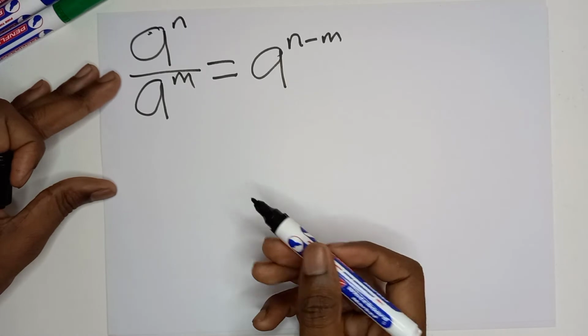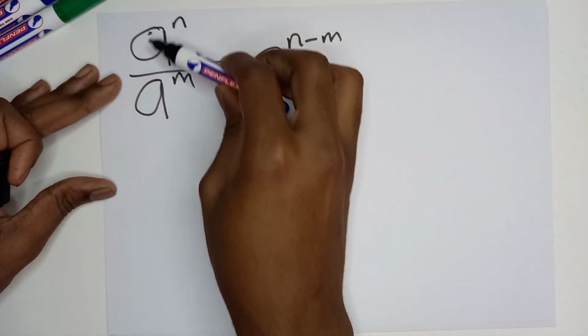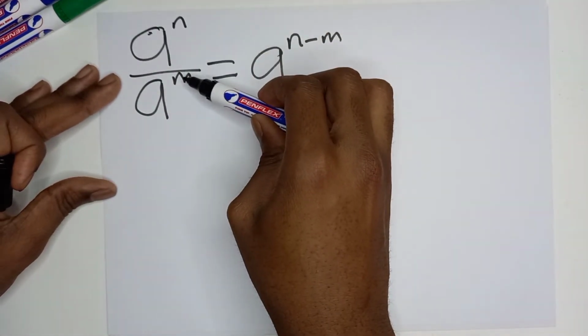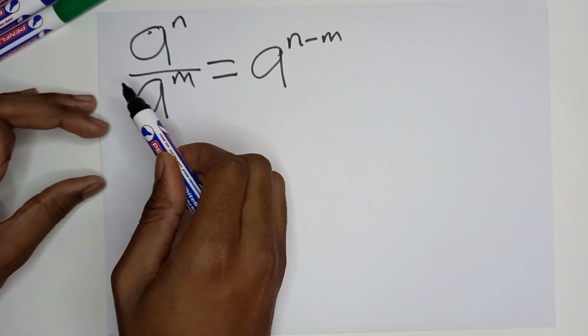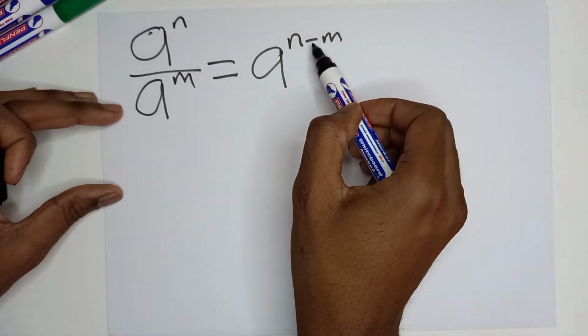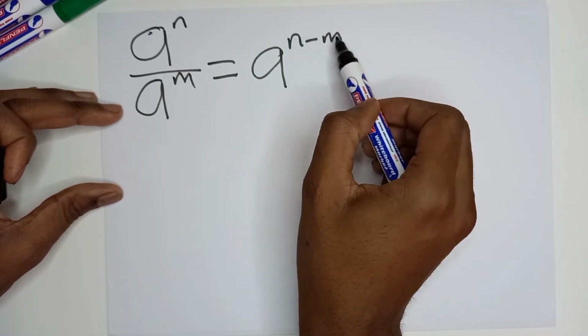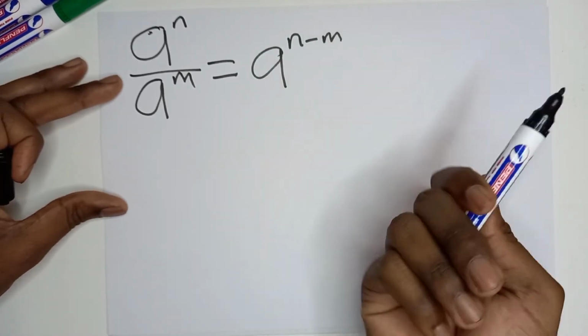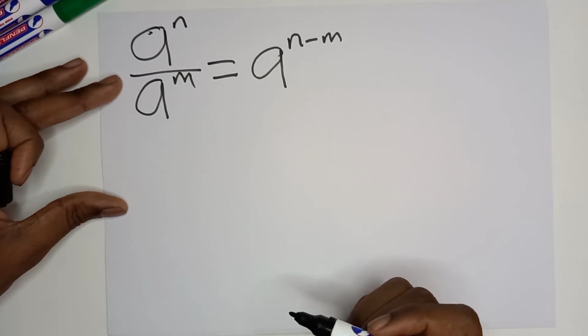You see, in multiplication we take the same base and add the exponents. Since we're doing the opposite of multiplication, which is division, we take the same base and do the opposite of addition, which is subtracting the exponents. This is the division law.